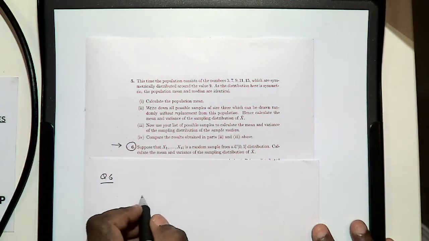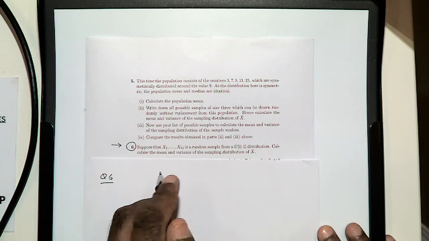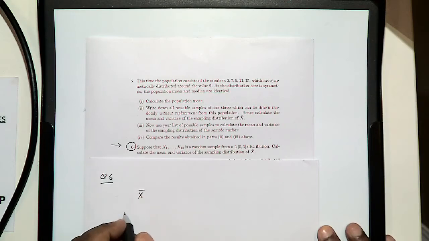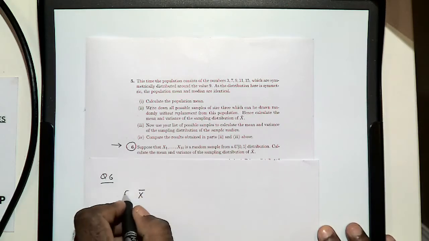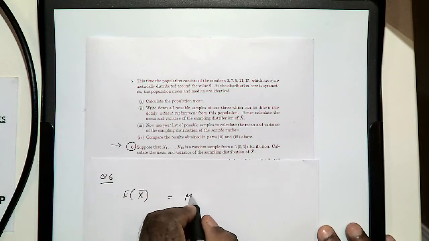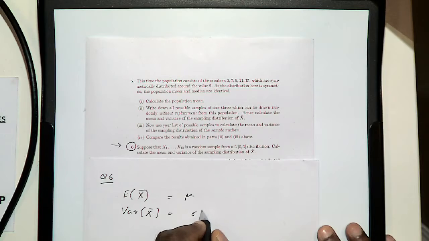You may remember you should have a random sample x1 to xn, and x bar denotes the sample mean, right? Then the expectation of x bar is equal to mu, and the variance of x bar is equal to sigma squared by n. I showed you how to prove these two statements on Friday last week, right?